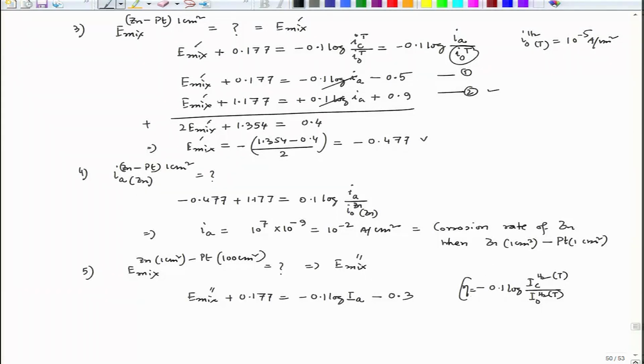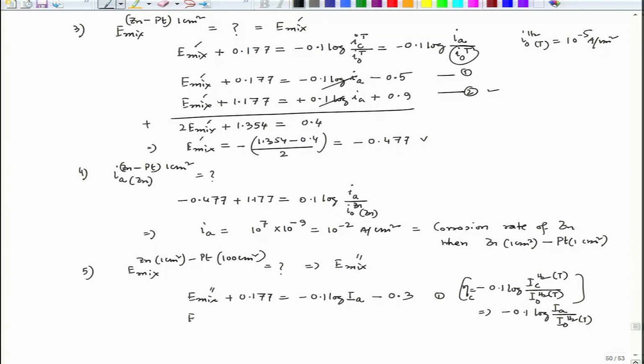So, I can change it to minus 0.1 log IA divided by I0 hydrogen total. So, this I0 hydrogen total is nothing but 10 to the minus 3 ampere. So, this is one equation.